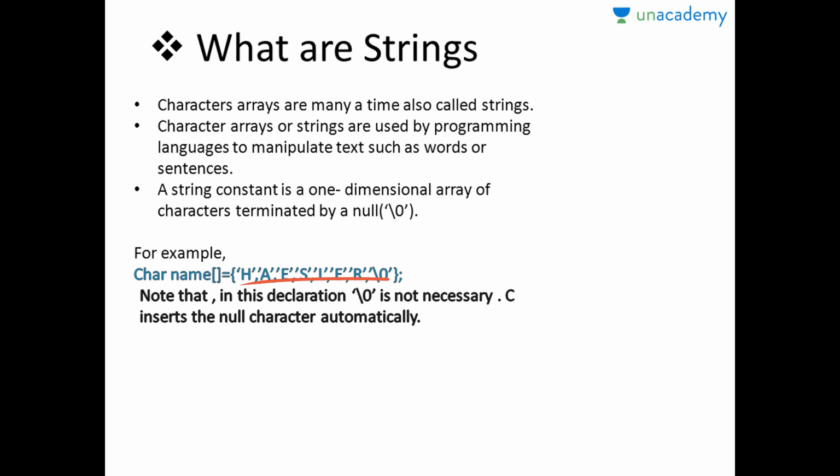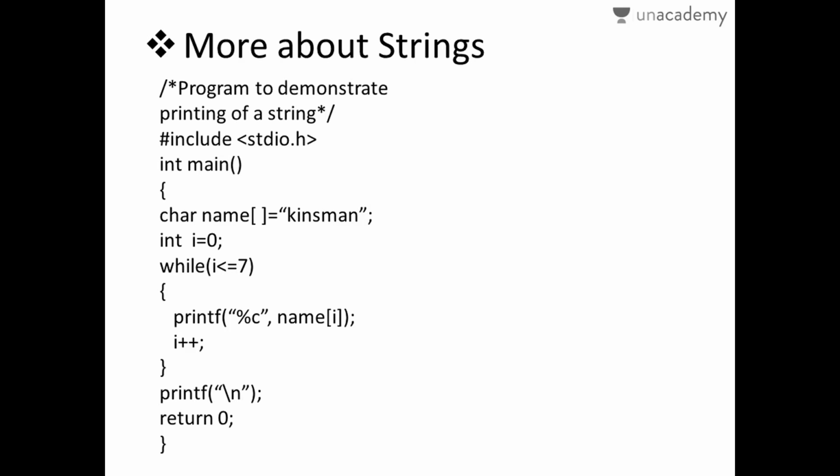All that has to be stored in an array of data type char. Only then can you store alphabets, and a group of alphabets stored together in one variable is termed a string.